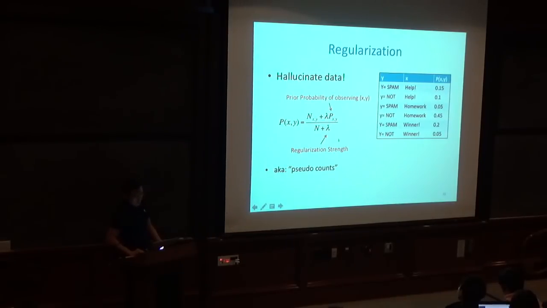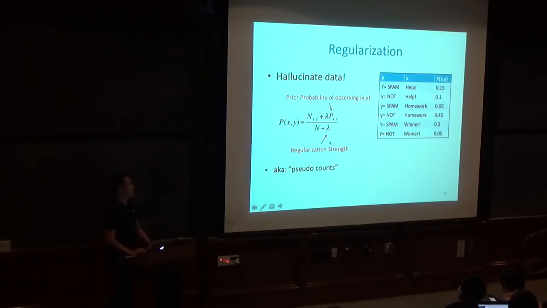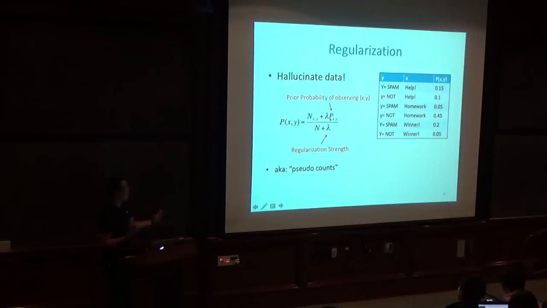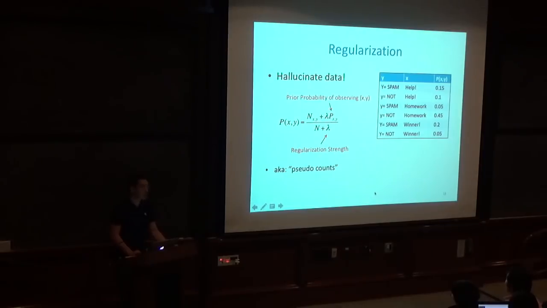The basic idea is, we have a regularization strength, I'll call it lambda, and I have some prior probability of observing an XY pair. And then I just pretend I already observed that data. I hallucinate that I already observed that data before looking at the actual training set. In certain specific cases, you can actually derive this as a proper Bayesian prior. And I'm happy to provide references for when that might be the case.